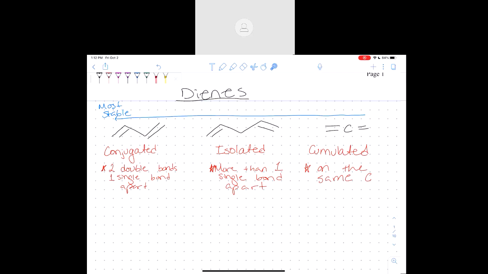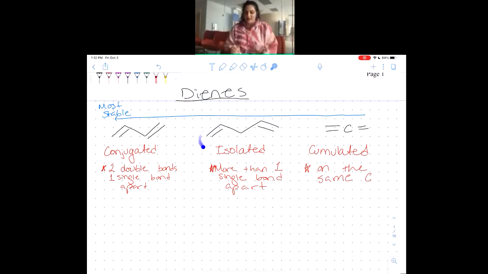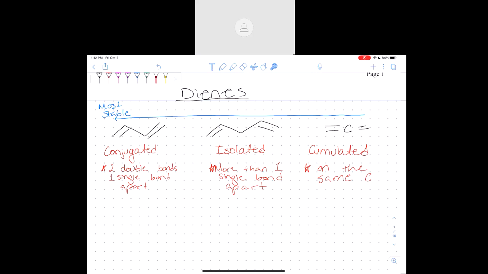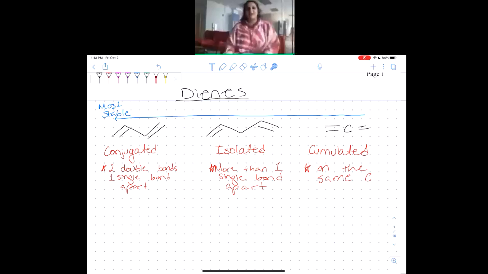So why do you think steric hindrance would make this better than this? Because the cumulated is like both the double bonds are closely near the carbon versus the isolated is kind of spread out. Yes, exactly. So it's because isolated has more space between everything.